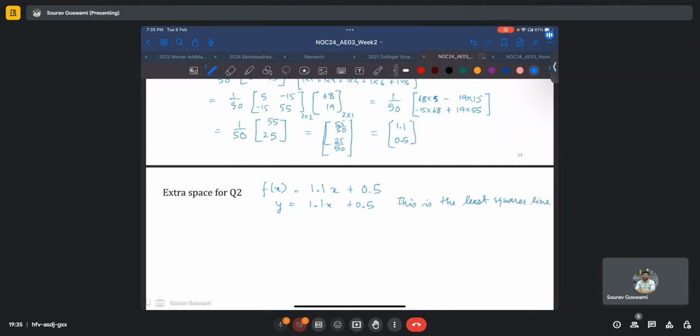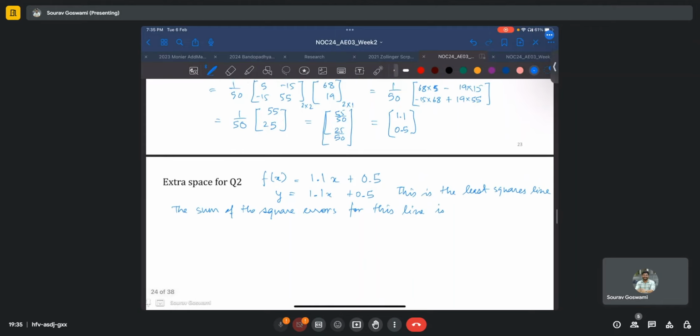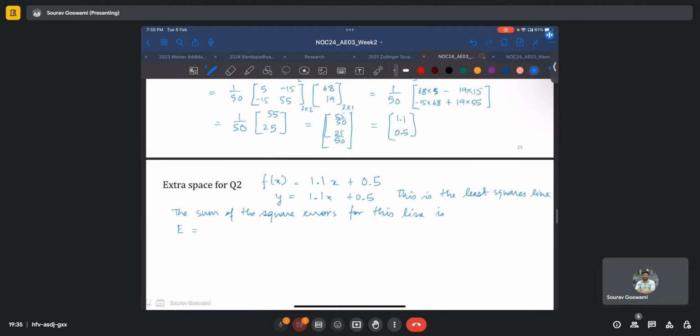And just as a good measure, we can also compute the error, the sum of the square errors. For every given value of y, you subtract the value of the function at the given value of x and square them to compute the error.